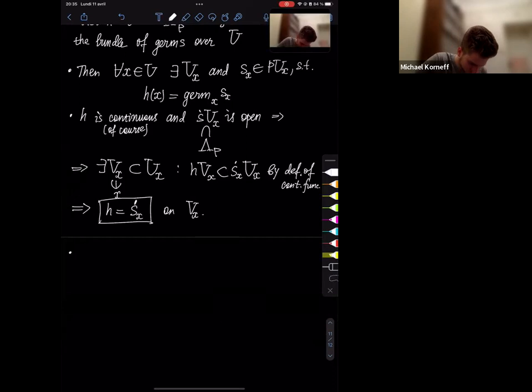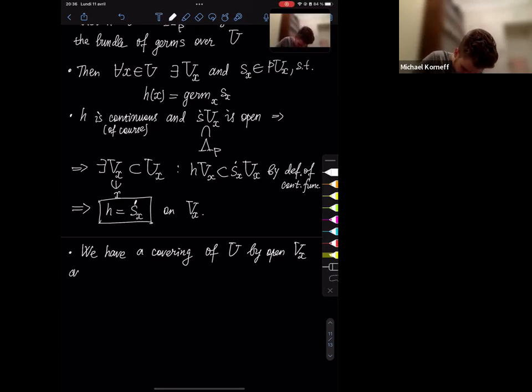The next step, we have a covering of U by open sets Vx for each x, and for each open set Vx we have the function Sx restricted to Vx.